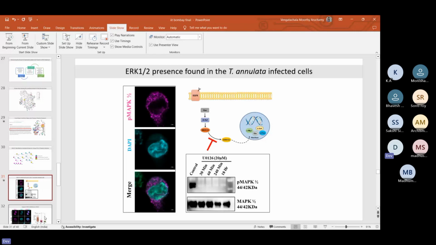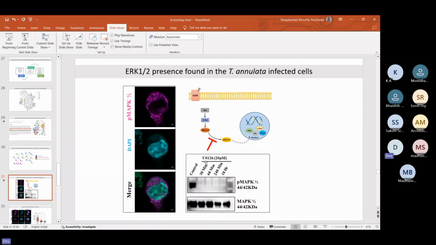For that, we have done an immunofluorescence assay where we have taken the activated form of MAPK, that is phospho-MAPK, and we found that the expression of ERK1/2 is very high in the infected samples. The second thing we ask: there are many different small inhibitors which can be targeted to control the expression of this MAPK.